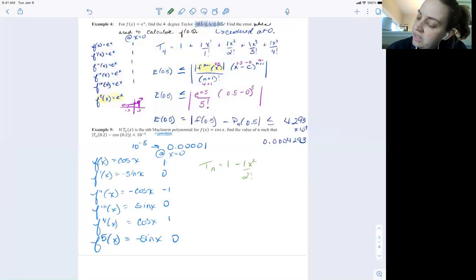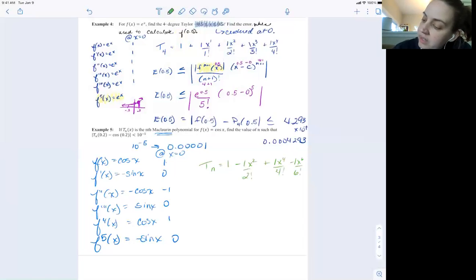The third is skipped, plus 1 x to the fourth over 4 factorial. And by this point, I think you can see the pattern, minus 1 x to the sixth over 6 factorial. So we want to know cosine of 0.2, at what point is that the smallest? So here's where we have to do a little bit of guess and check.